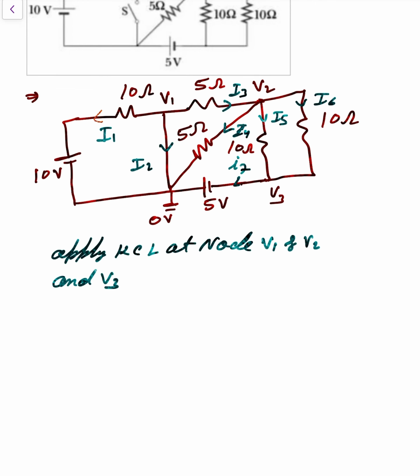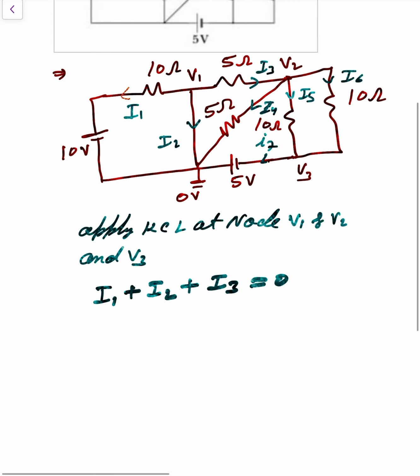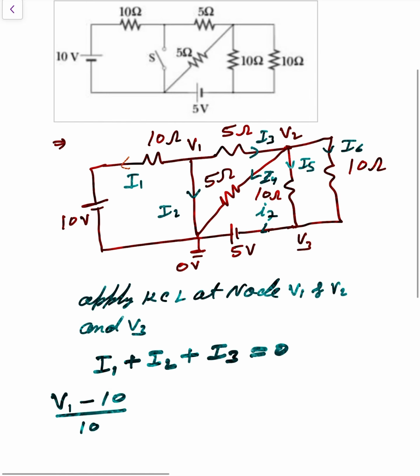Clear or not? Apply KCL at node V1. So I1 plus I2 plus I3 is equal to 0. I1 is basically written as V1 minus 10 divided by how much? 10 ohm. Okay.